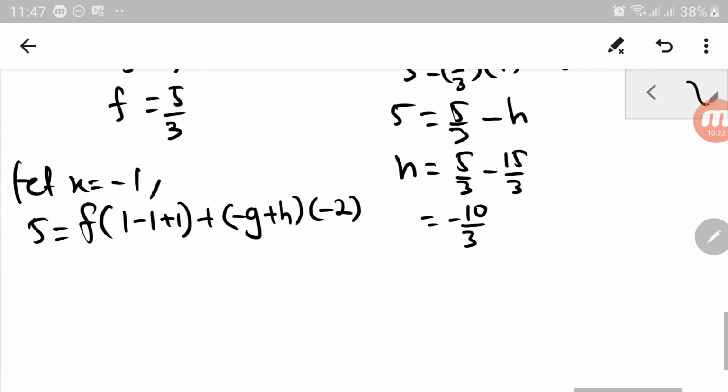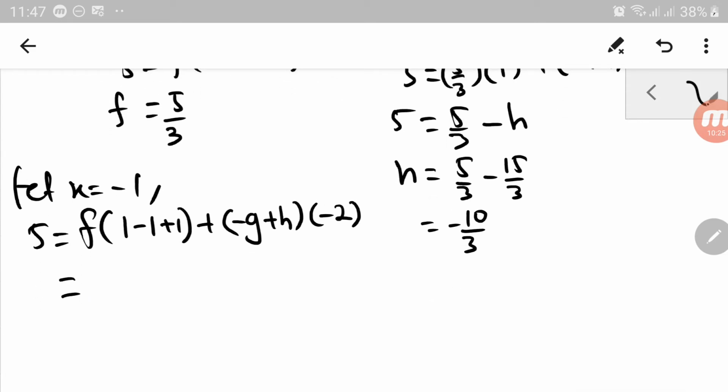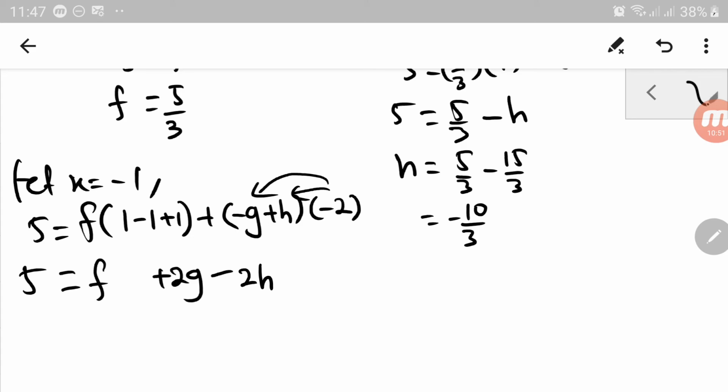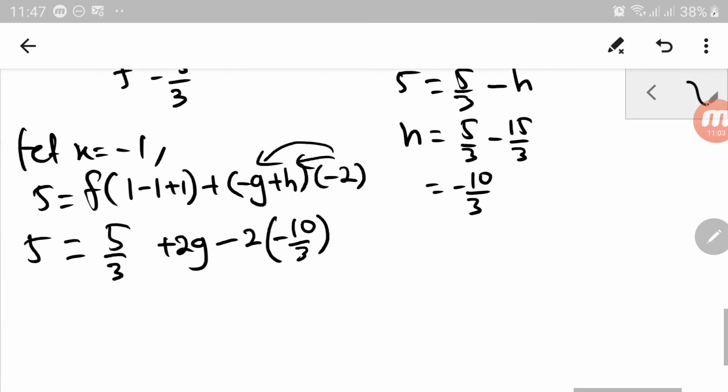Now we simplify first, then substitute f and h. So 5 equals 1 times f, and then I think we can expand these two, so plus 2g minus 2h. Now we know what f is, 5 over 3, and h I substitute as minus 10 over 3.